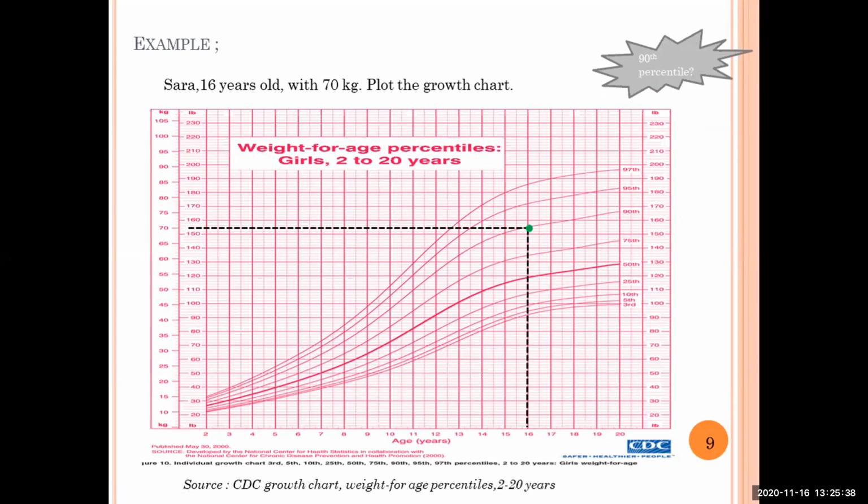Or another way to understand it, for example, we gather 100 girls at the same time, and we arrange them according to their weight in ascending order, starting from the lightest to the heaviest. So Sarah, this girl, is located in the 19th position. So it means that there are 90% of children who weigh less than her, and 10% of children weigh more than her.